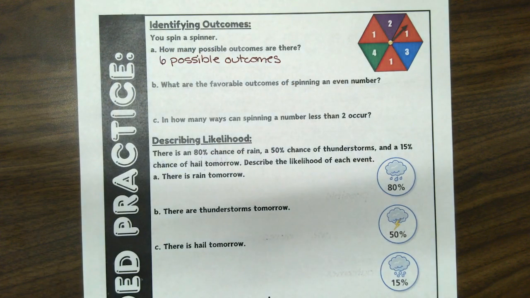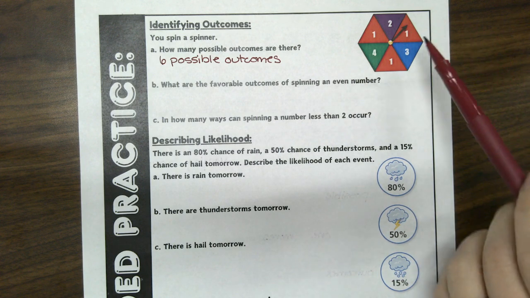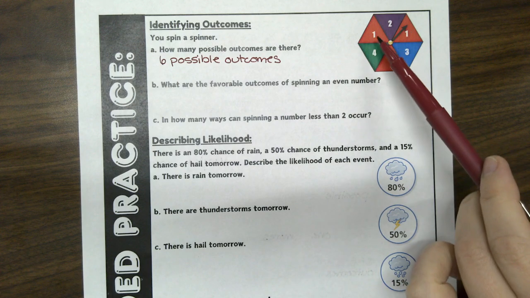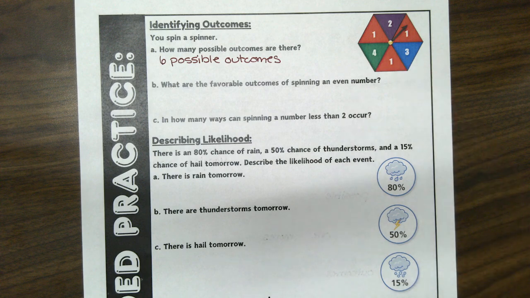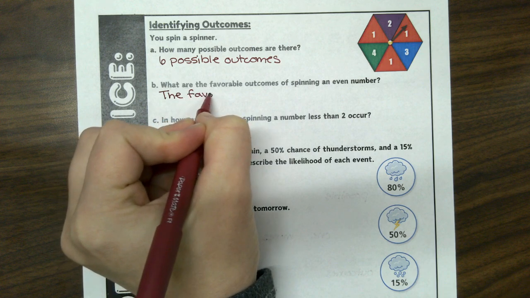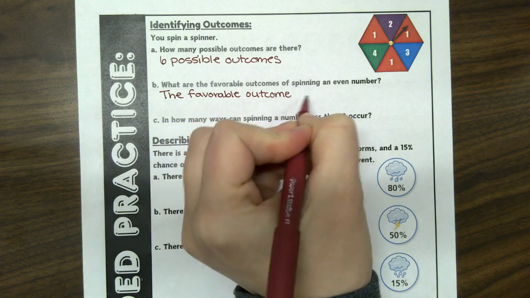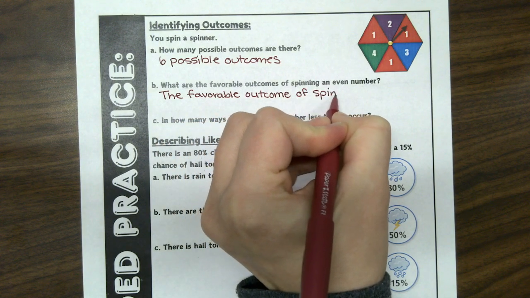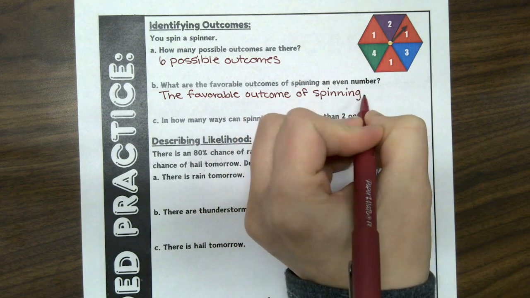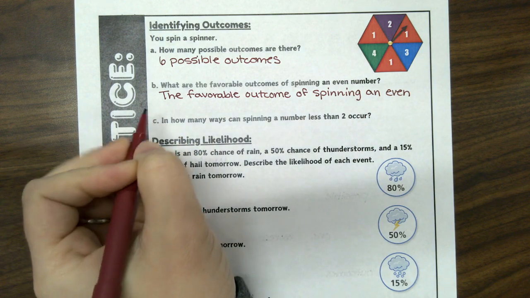Then it says, what are the favorable outcomes of spinning an even number? Okay, so let's see which ones are even and which ones are odd. So we know 2, 4, 6, 8, 10, those are even. So there are 2 evens and there are 4 odds. So the favorable outcome of spinning an even number, and make sure you're actually writing all of this down and not just writing certain parts.